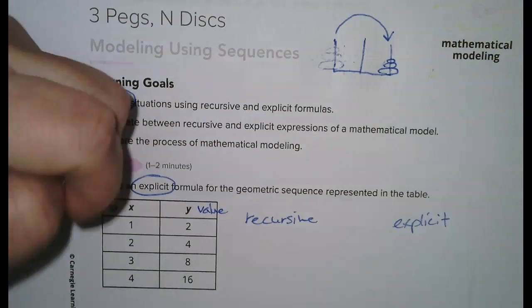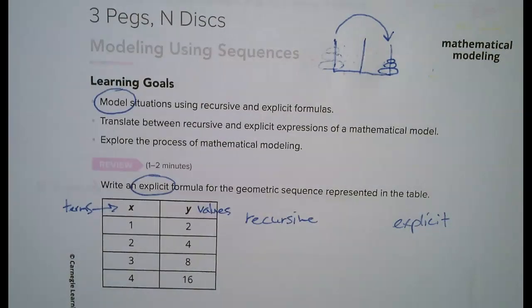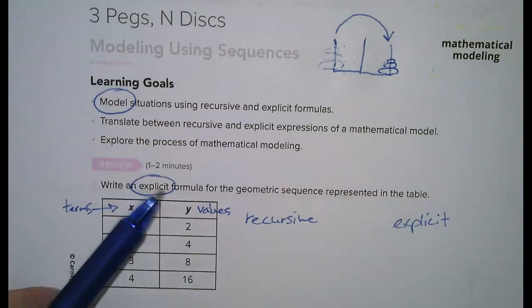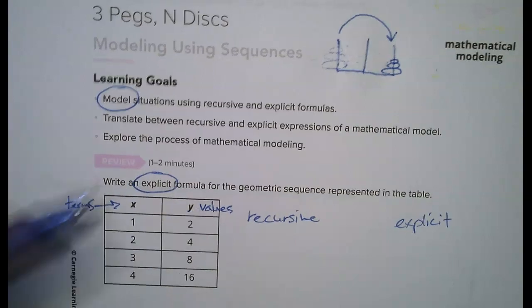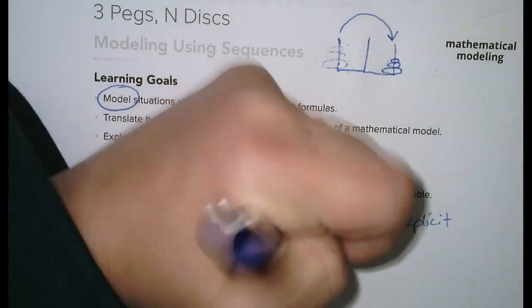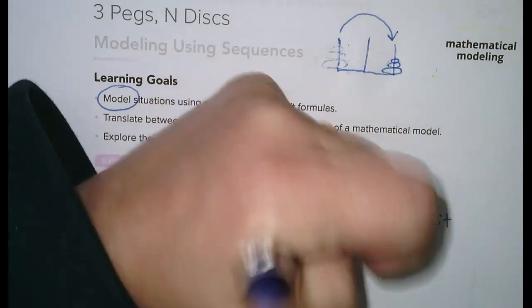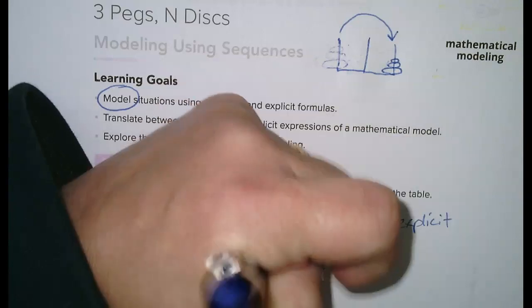So these are the terms and these are the values. So in the recursive formulas, we explain the pattern using the value that came before. So recursive formulas use the value that came before.